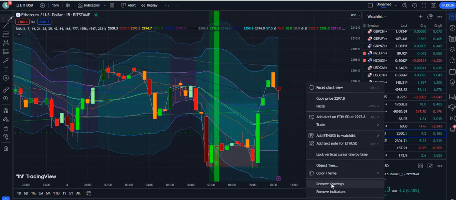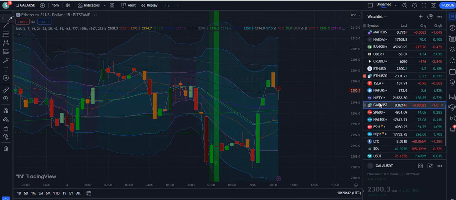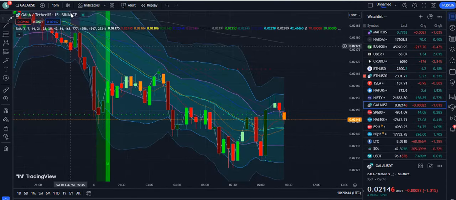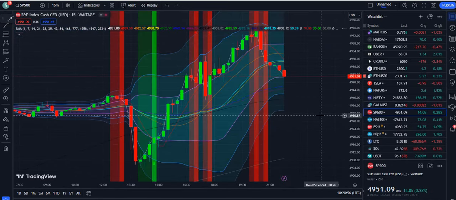So this indicator also provides good opportunities at retracement levels. For example, look at this scenario. We have a buy signal here, and then the market hit the moving average in the middle, so that becomes your take profit.